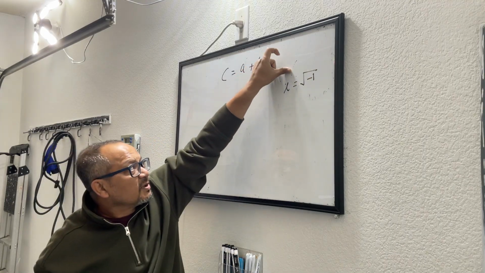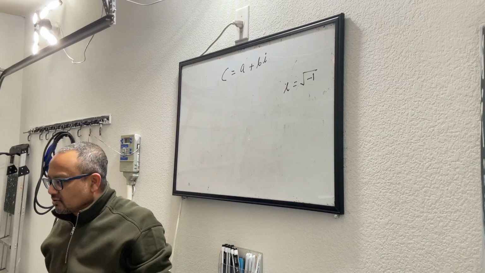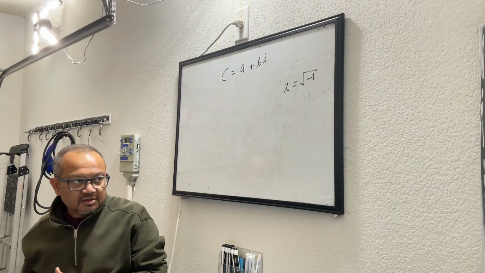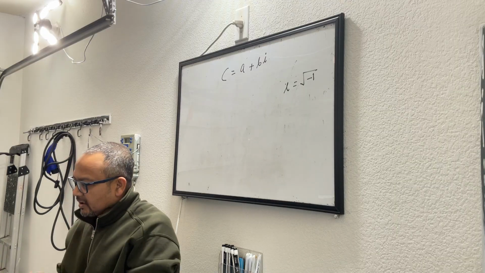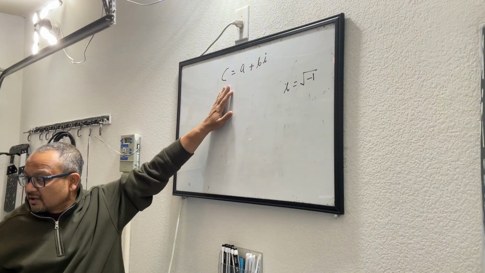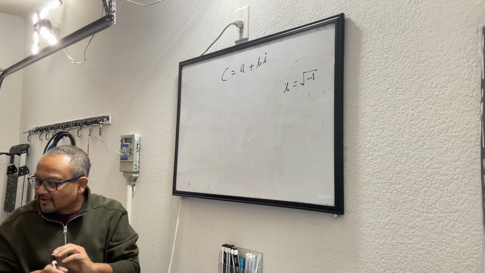So i is nothing but the square root of -1, so i squared will be equal to -1. That's the basic premise of a complex number.